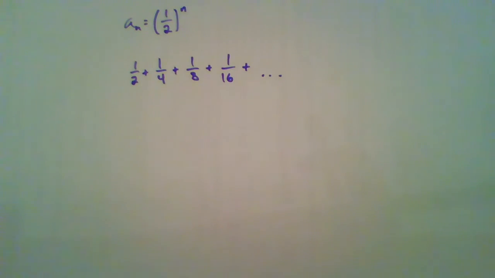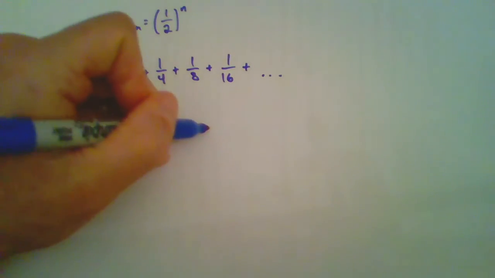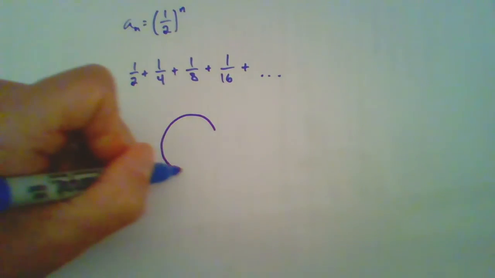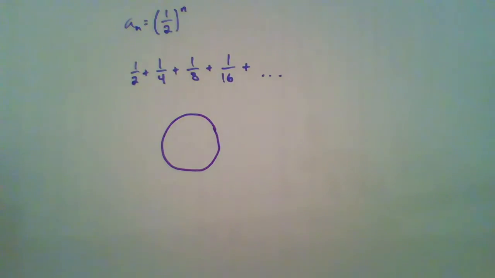Well, this makes sense because the whole point of the sequence is that we're increasing by powers of 1/2. So if we think about that in a picture, I'll represent one whole with this kind of wonky looking circle here.